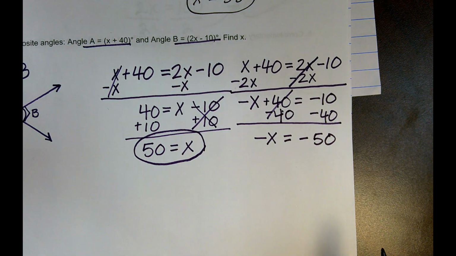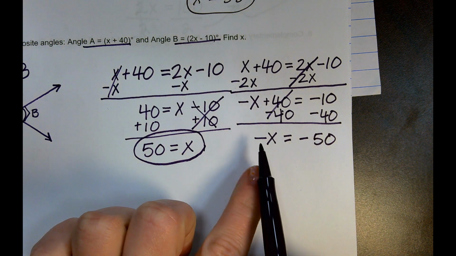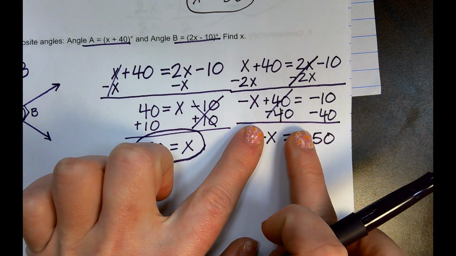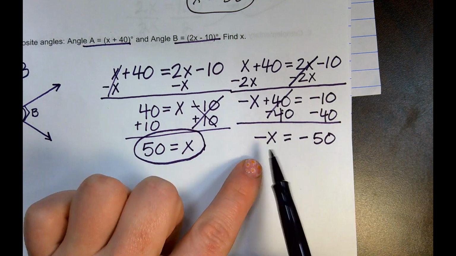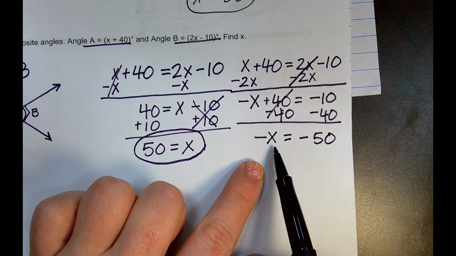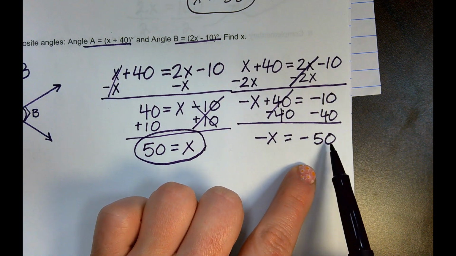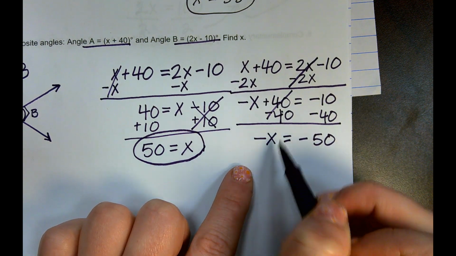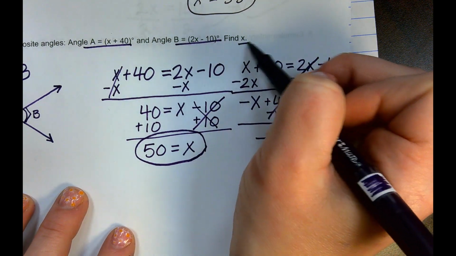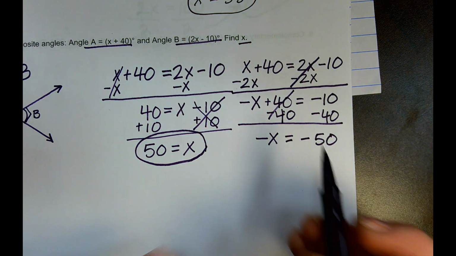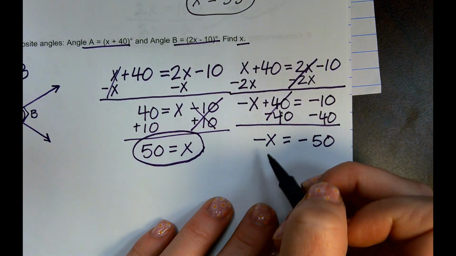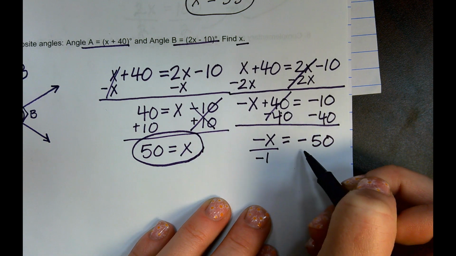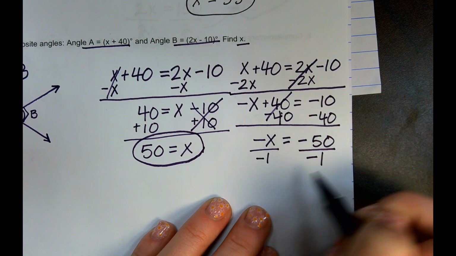So the extra step: if you see negative x equals negative 50, we want to find positive x, not negative x. So I can just divide by negative 1.